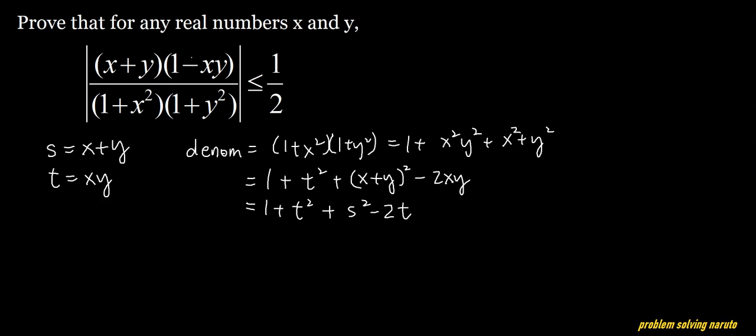Okay, so let's try to solve it. First of all, we have this absolute value sign here, and obviously the bottom is always positive, so the absolute value only applies to the top. Let's just clear the denominator first.